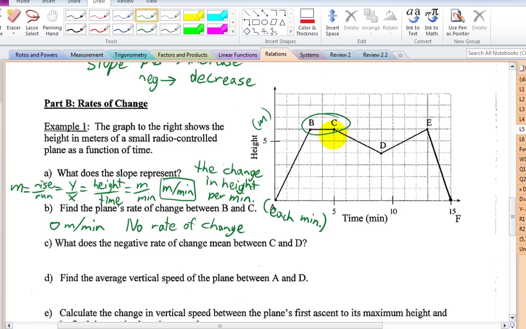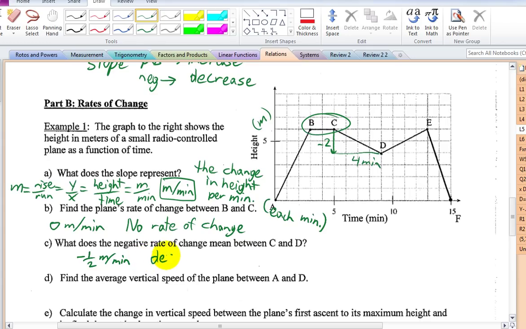So here we go down, -2, and we can go over 1, 2, 3, 4 minutes. So the rate of change is -1/2 meters per minute. So what does that mean? Yep. Exactly.